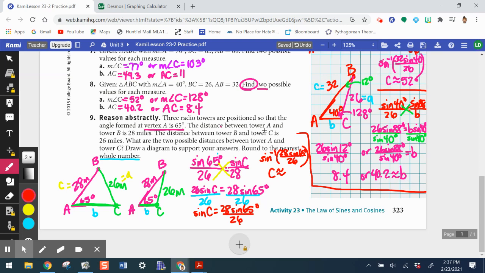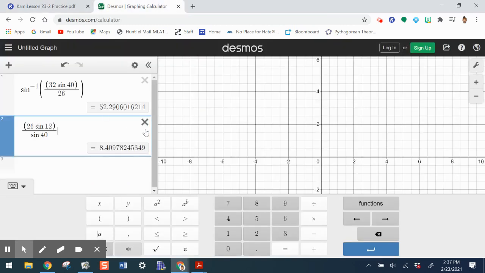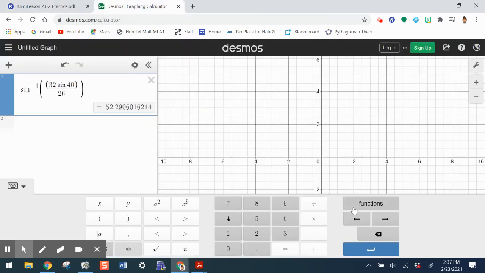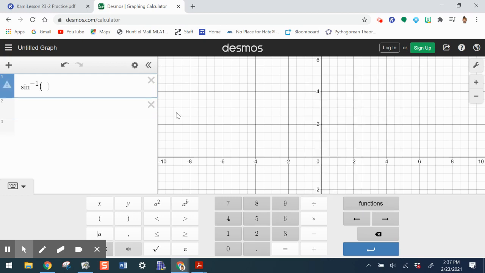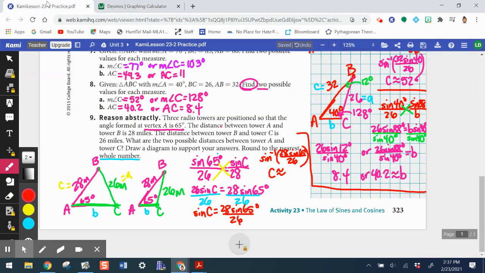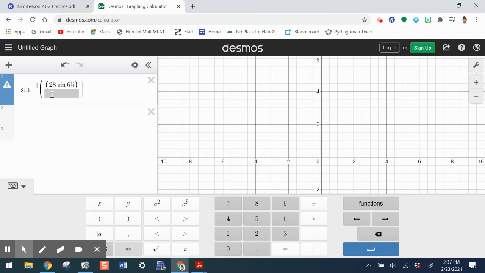So sine inverse, parentheses 28 times the sine of 65 divided by, I believe it's the sine, just of 26.